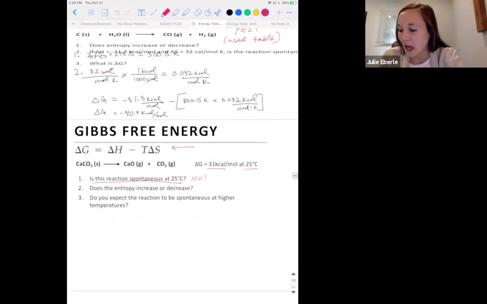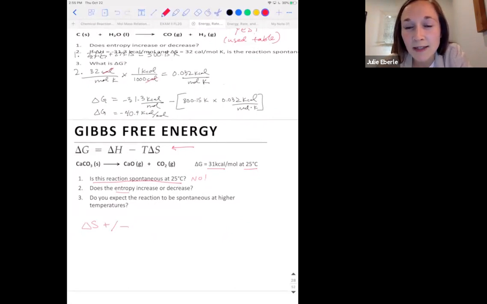So by the way, to answer that, you just look at the table and you're going to have that for the exam. Now the second question: does entropy, what is entropy again? Entropy is delta S. Does it increase or decrease? So is delta S positive or negative? How do we know? Remember, entropy is a measure of disorder. That's what we talked about on Tuesday.